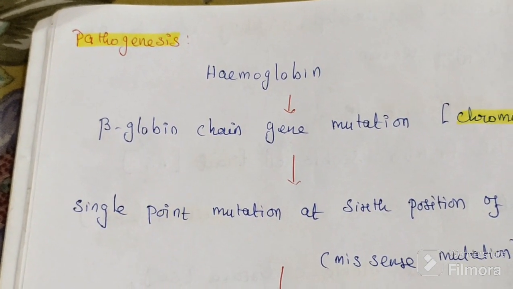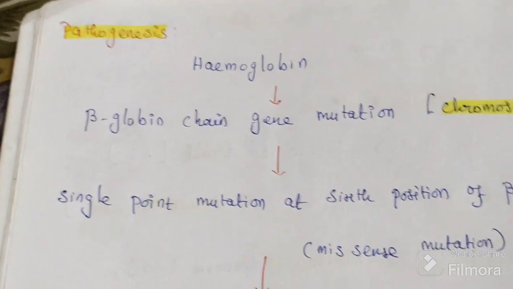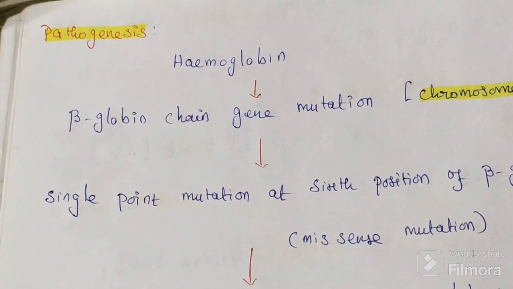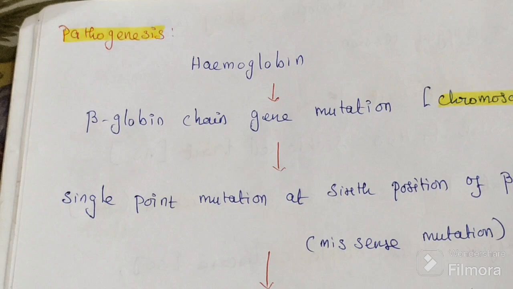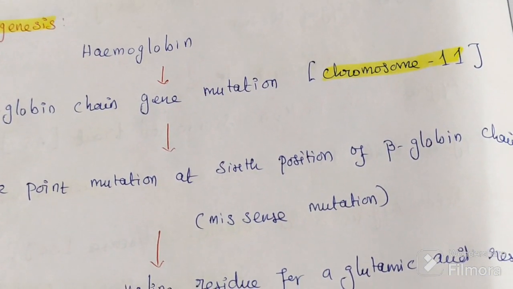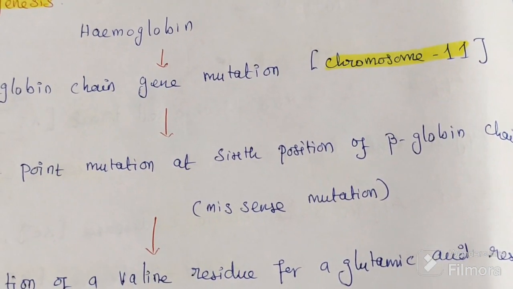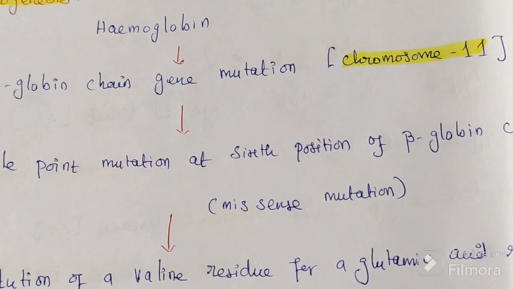Alpha chains are absolutely normal in structure, but there is some problem in the beta chain. The gene for the beta chain is present on chromosome number 11, and on chromosome number 11 in the beta chain gene, there is a point mutation.